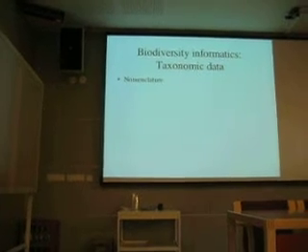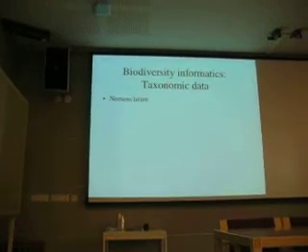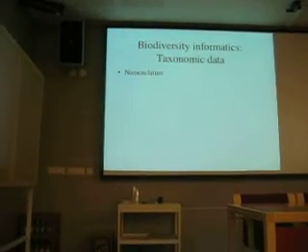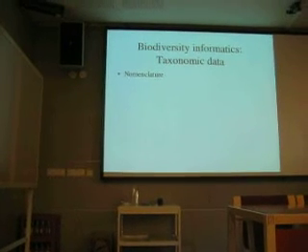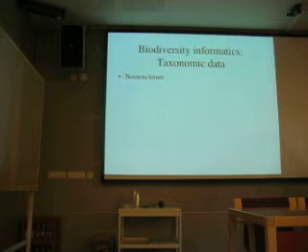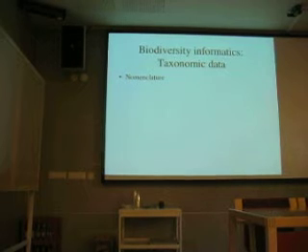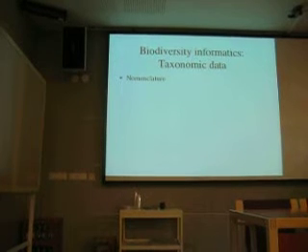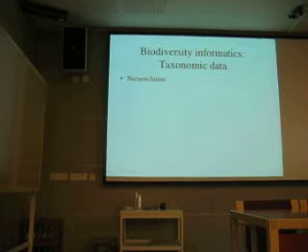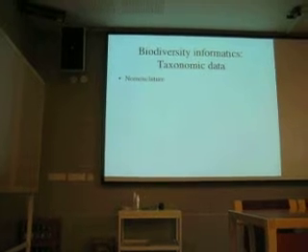In taxonomy, part of the work is nomenclature, so the naming of taxa, which includes a lot of information. For example, Linnaeus named about 9,000 species in his time, now about 250 years ago.